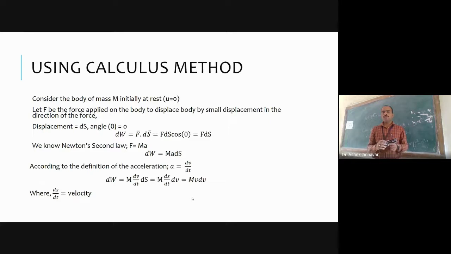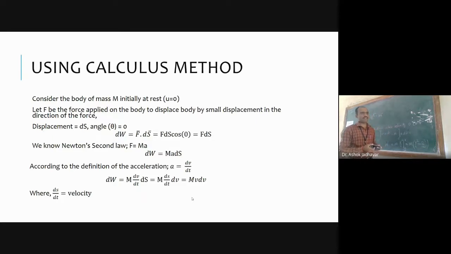So we can write the very small work done during that small displacement as dW. So dW is equal to F dot ds, so F ds cos theta, which is equal to F ds cos 0, as theta is 0 here. So dW is equal to F ds. We can substitute the value of force as ma. So dW is equal to ma ds.